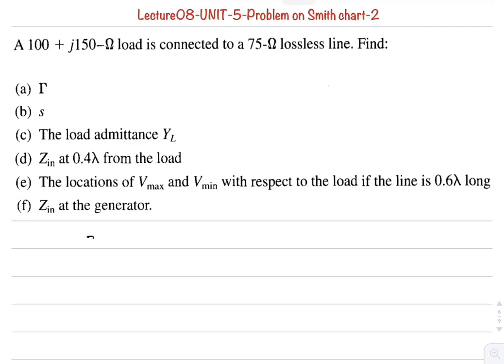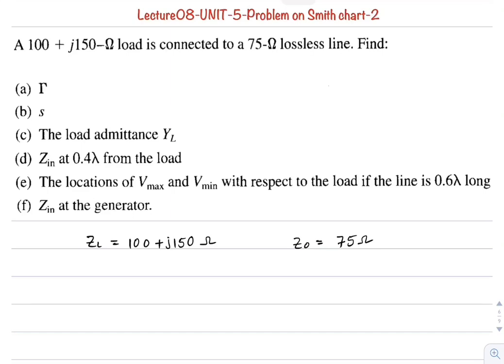The given load impedance ZL is equal to 100 plus j150 ohm, and the characteristic impedance Z0 is given, that is equal to 75 ohm. All the impedances on the Smith chart have to be represented by normalizing with the characteristic impedance.